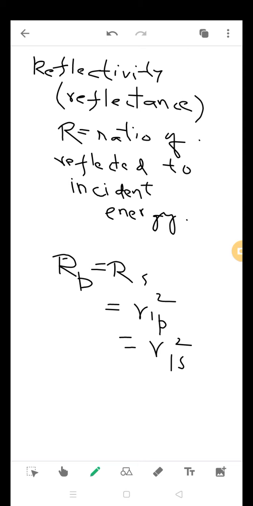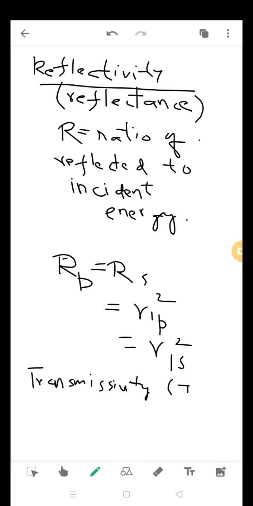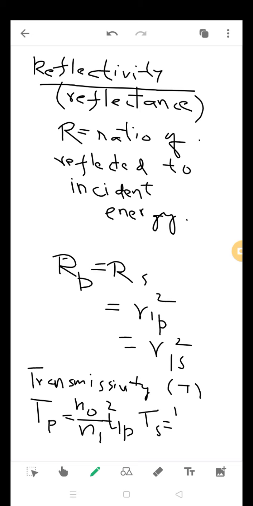Right. Similarly, like reflectivity, we have transmittivity, T. We have Tp equal to, here the ratio of the refractive indices will come into play, n0 by n1 times T1P whole square, and Ts as n0 by n1 times T1S whole square.